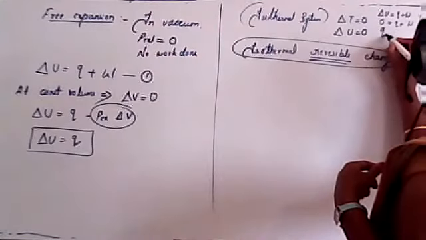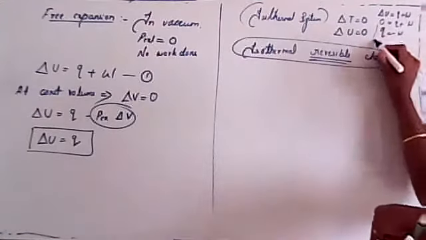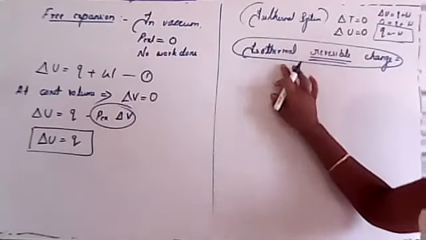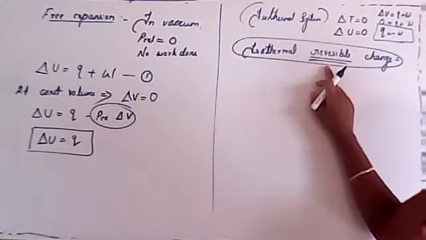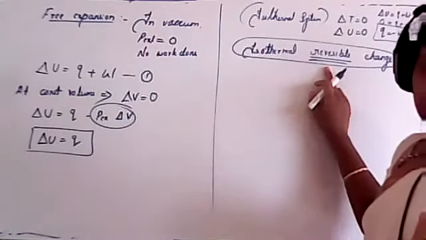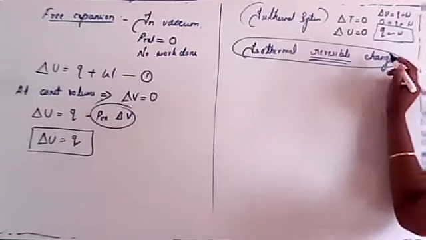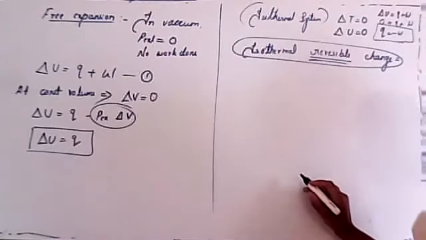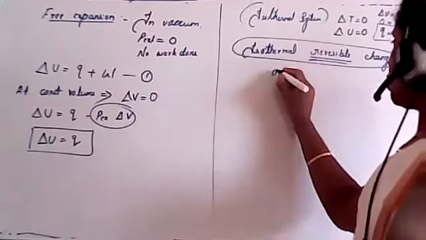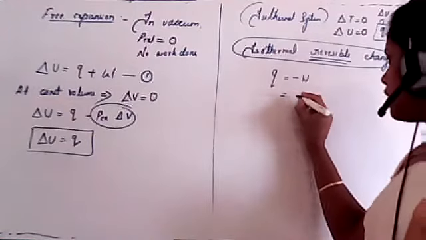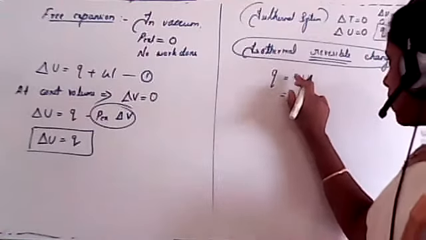So now Q is equal to minus W. Is it clear how we got this expression? Now for the isothermal process and reversible change, Q is equal to minus W. I'll substitute the value, minus remains as it is.